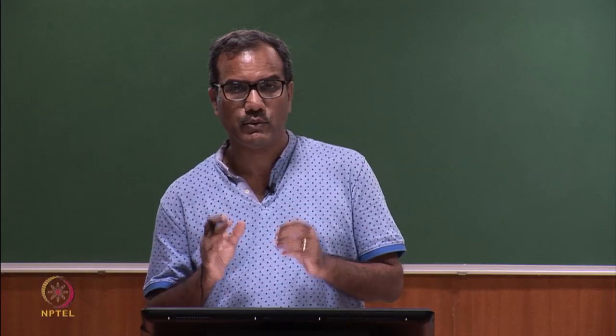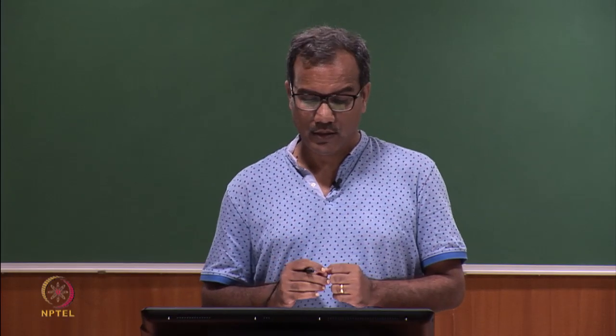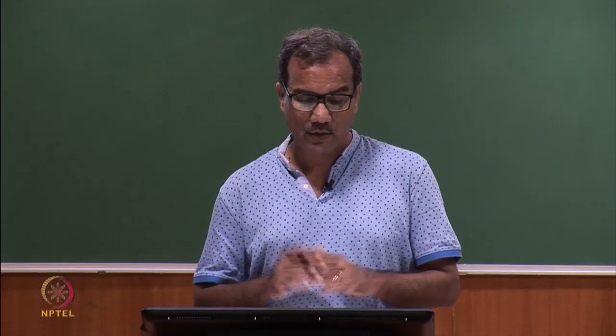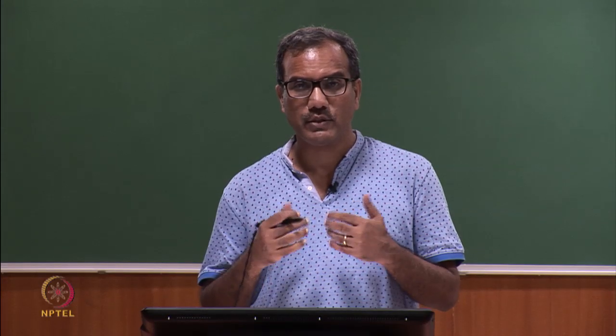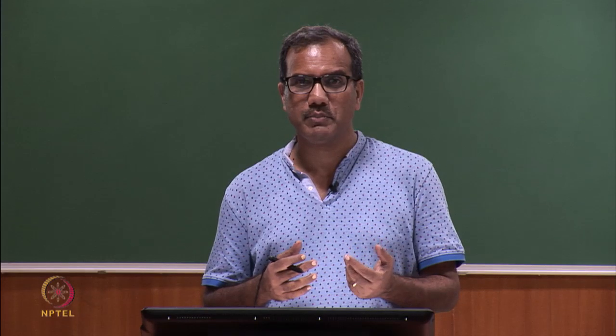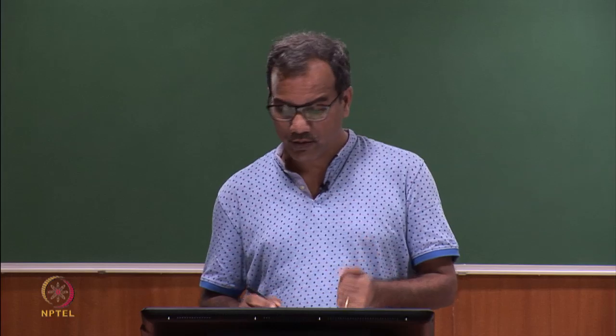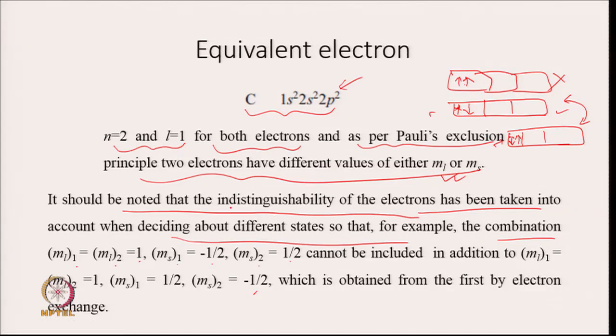So, this is the way to get the terms for equivalent electrons. You have to write all the combinations of ml and ms, L or S. Just keep in mind that you cannot violate the Pauli exclusion rule, and you must take into account the indistinguishability of the electrons.